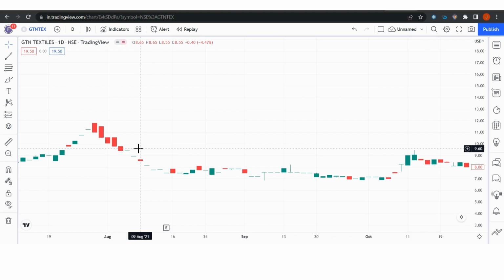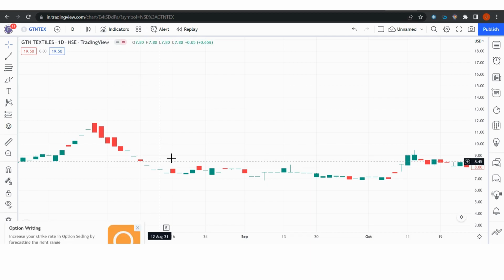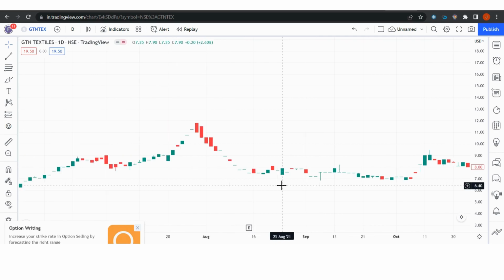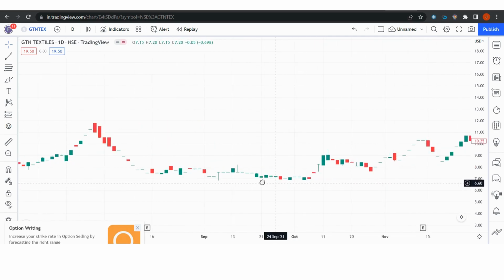Here it was 8.95. Again here it opened at 8.65 and closed at 8.55, so it fluctuated between 8.65 and 8.55. But again here it decreased, again a lower circuit. So my point is, let me just search for another example.